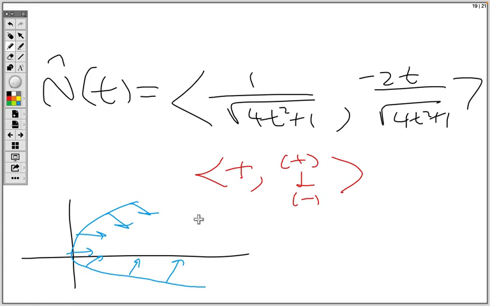They always have a positive x component. But the y component here is positive when y is negative, and then it's negative when y is positive. So hopefully that all makes sense. So there's my n hat. And so if we wanted to show that t hat and n hat are orthogonal, once again you would take the dot product here.